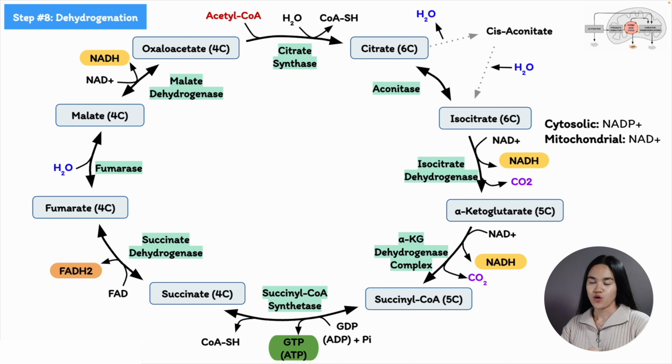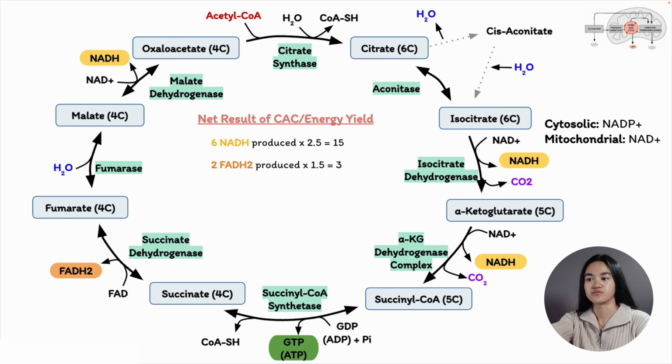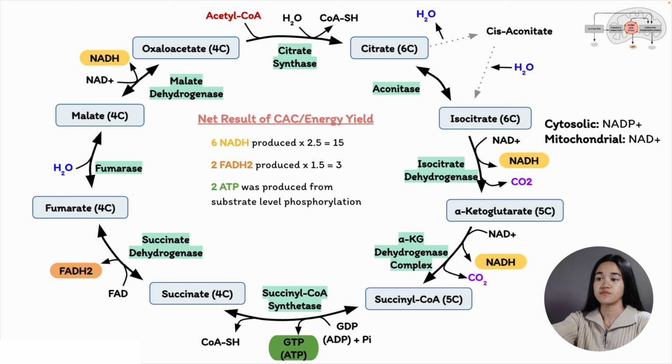We started with acetyl-CoA. Acetyl-CoA entered the cycle and we produced 2 carbon dioxide molecules. Electrons are transferred to NADH and FADH2. One cycle of the citric acid cycle produces 3 NADH and 1 FADH2, and these electrons are transported to the electron transport chain. We also produced 1 GTP in the substrate level phosphorylation step, which can be converted to ATP.